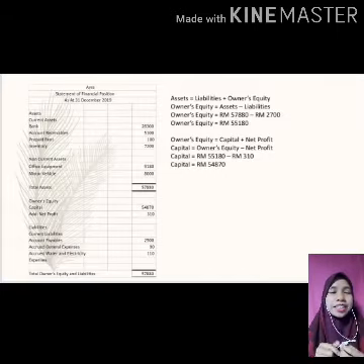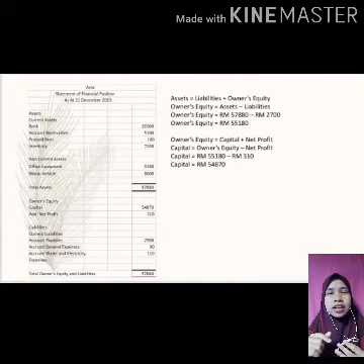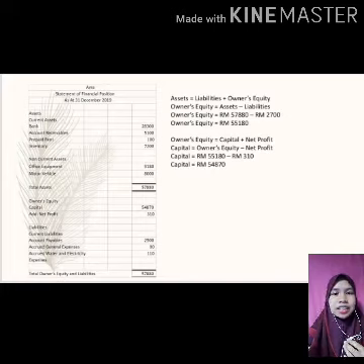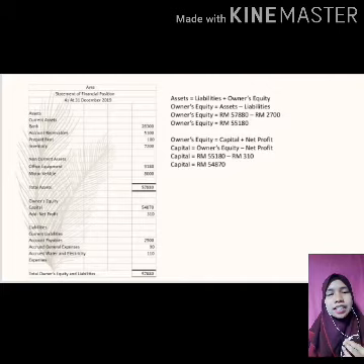After we calculate all of them, we have the balance value which is 57,880. The total assets are equal to the total liabilities plus owner's equity. So this means the financial position statement is balanced.